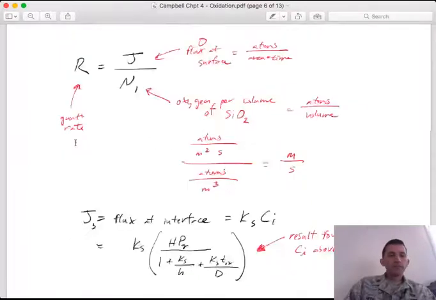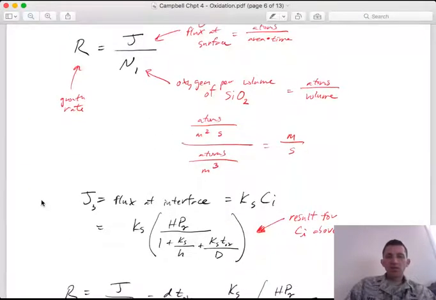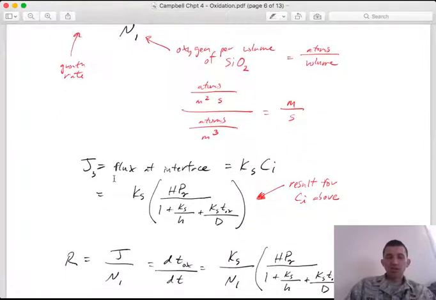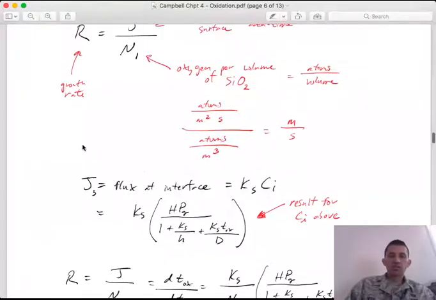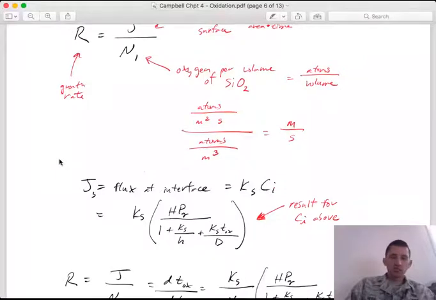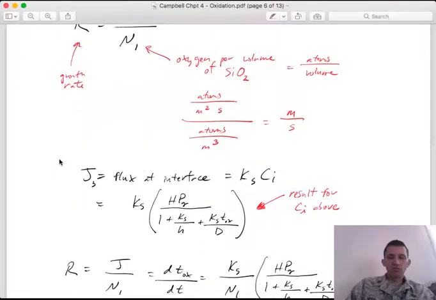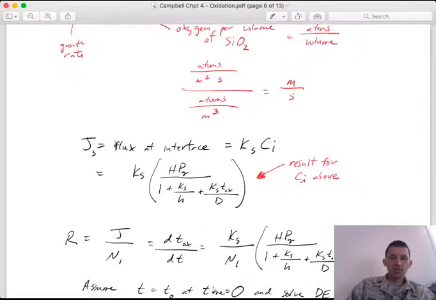All right. So we have this growth rate, we need a flux. Which flux do we pick, right? Well, we want the one at the interface, the number of atoms actually reaching the interface where the reaction is occurring and the oxide is growing. If you recall, one of our assumptions in deriving the model was that J1 equals J2 equals J3 at equilibrium.